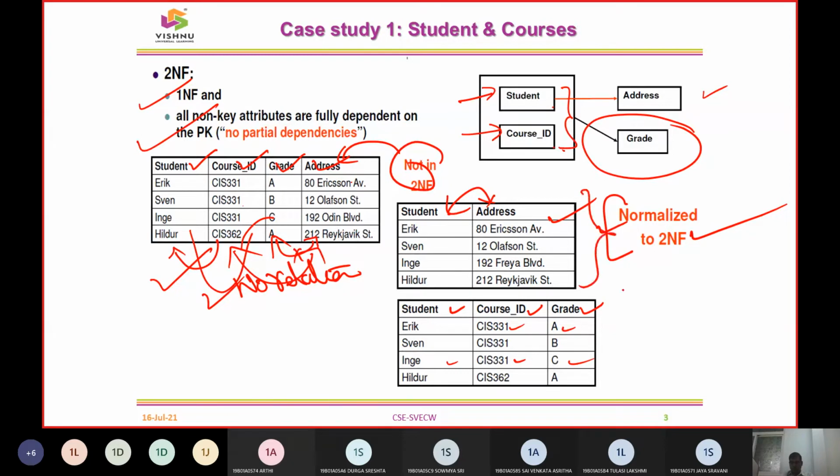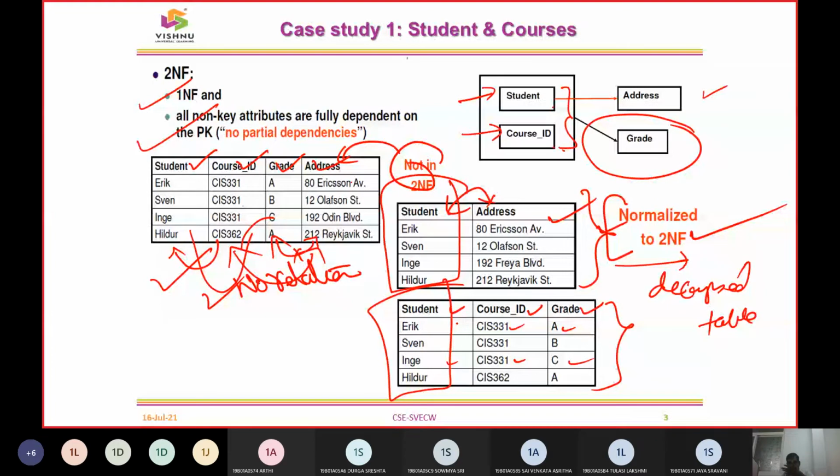So this is one decomposed table, and this is another set of decomposed table. One set has student and address, which fit into one type of relation. Then student, course and grade fit into another type of relation. Now how can I see that the student has an appropriate grade or not? Therefore we can have a common element, that is student, by which they can be identified.